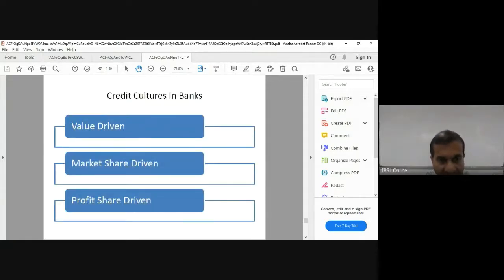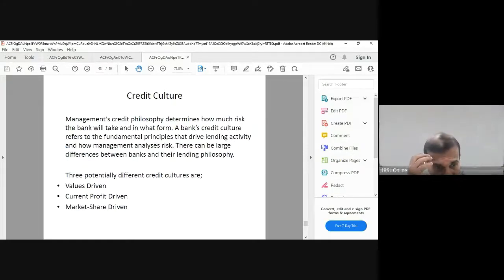Let's try to see the credit cultures in banks. There are basically 3 types of cultures, but before that, what's a culture? Generally, management credit philosophy. Culture is a set of values, norms, behaviors, a thinking pattern, assumptions, and partly artifacts.